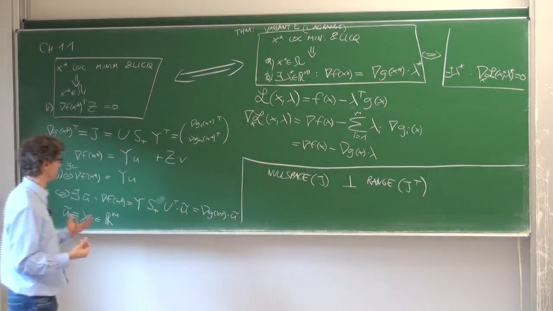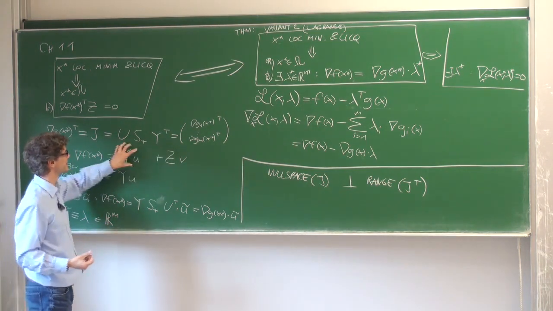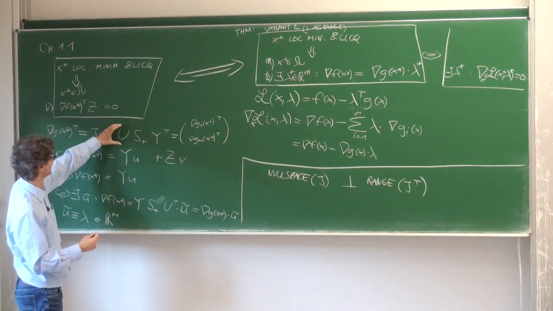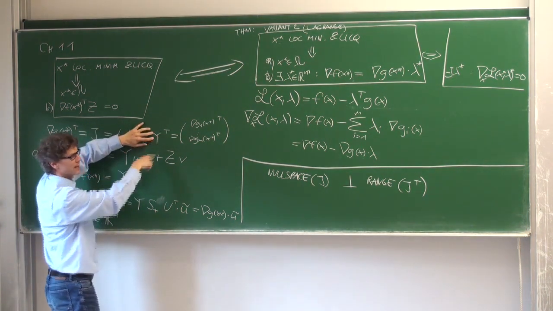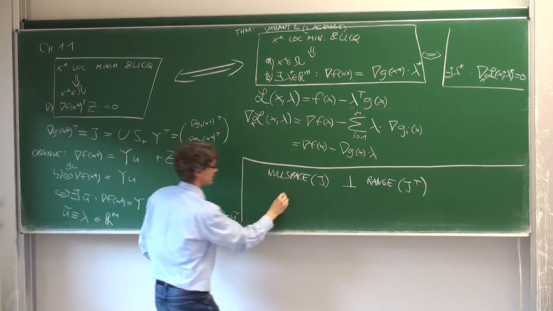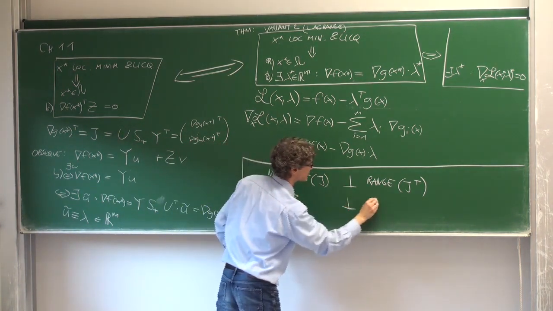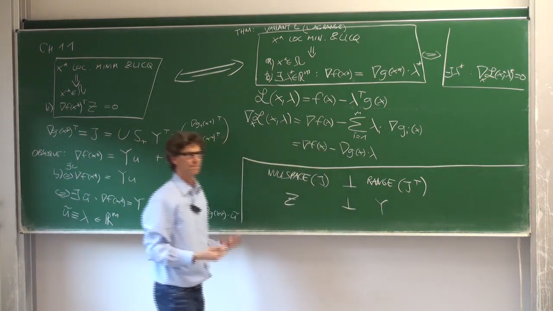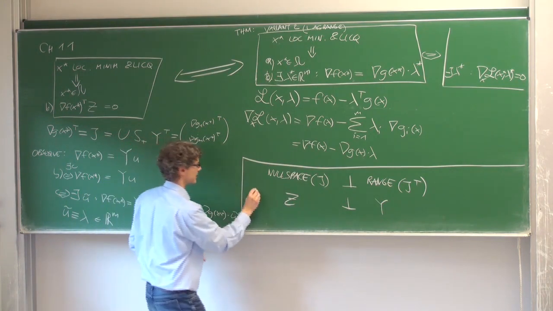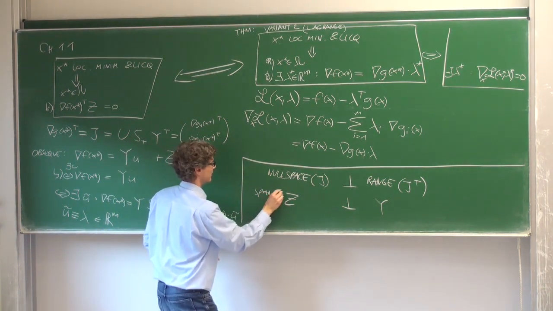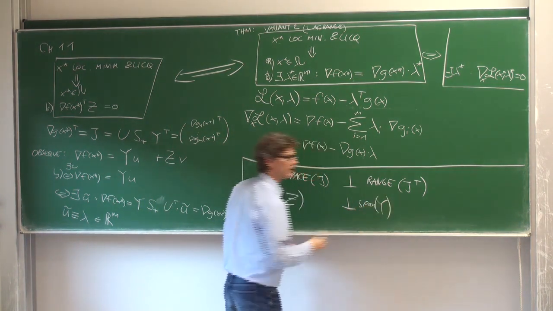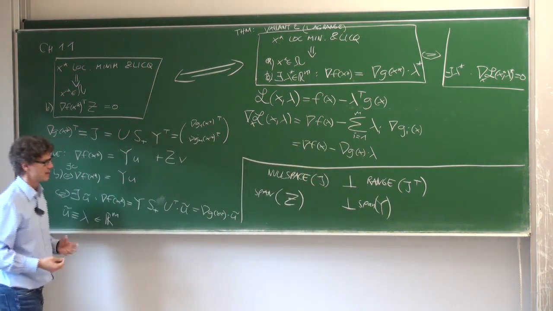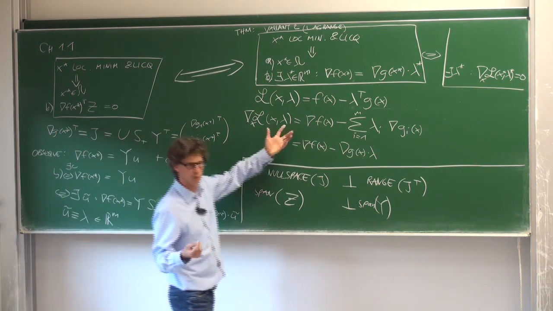Yeah, that's actually what is at the basis of this whole thing, and it's all due to the fact that the range space of J transpose is actually this Y. And the null space, so this is actually Z, and that's orthogonal to Y. So the span of Z, of all the columns of Z, is orthogonal to the span of Y. That's actually what we use, but it's a basic fact that holds for all matrices.